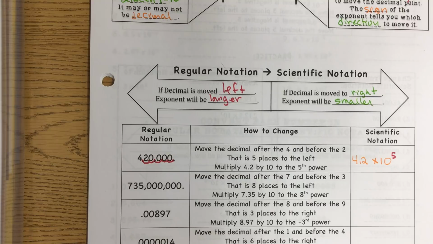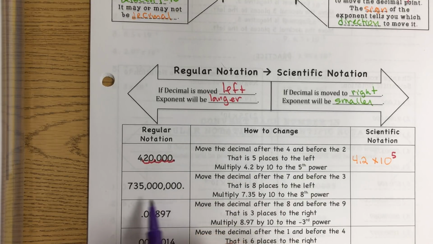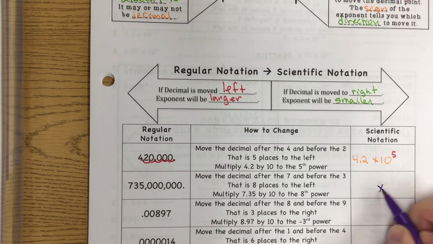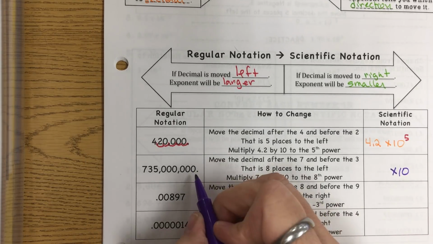Then let's go to the next one. Again, this is a humongous number. That means when we do times 10, that exponent is going to be a large number. It is not going to be negative, it is going to be positive because positive is larger than negative.